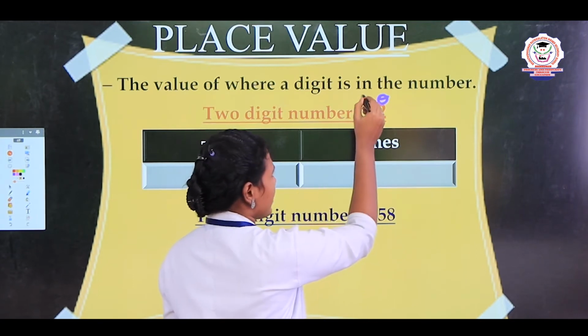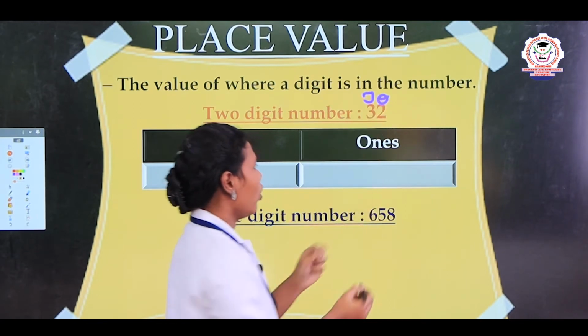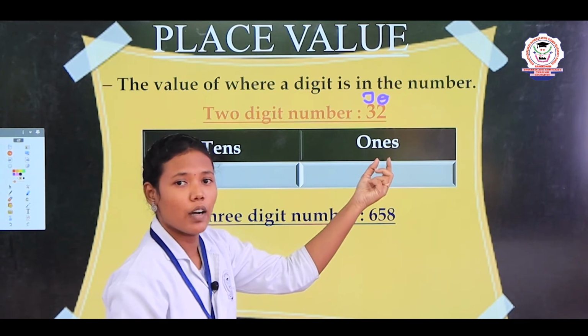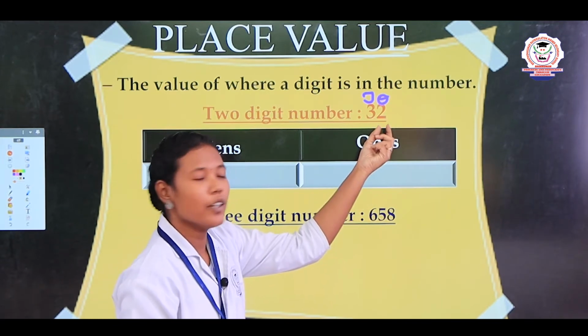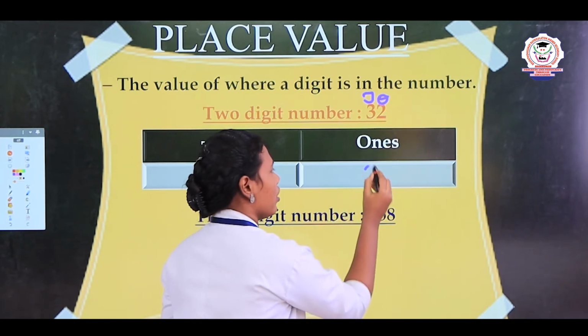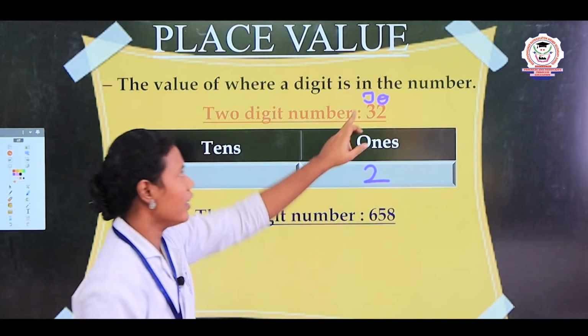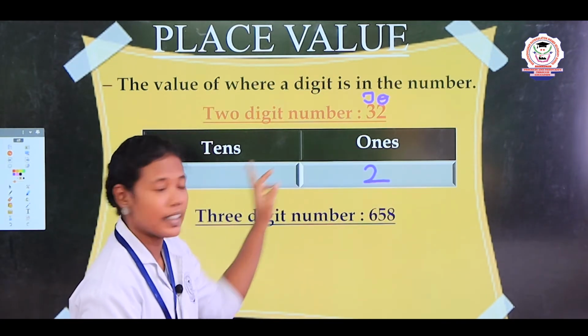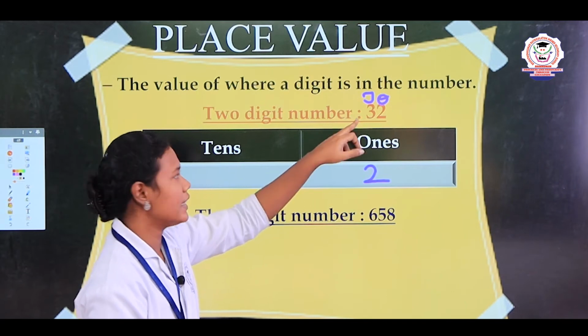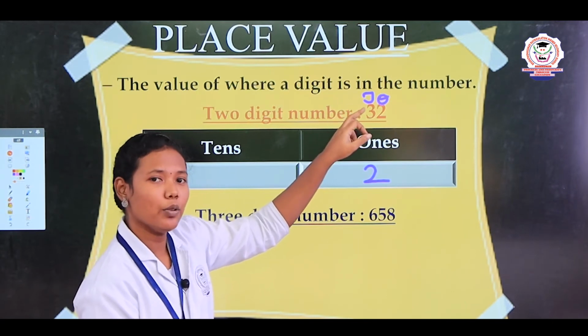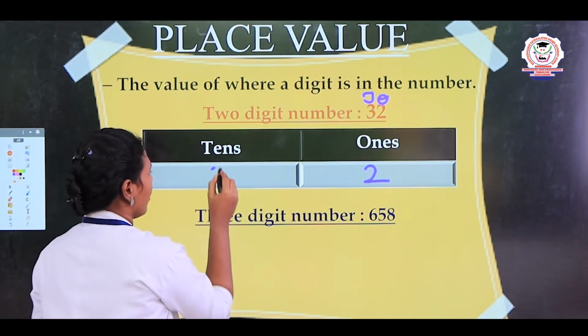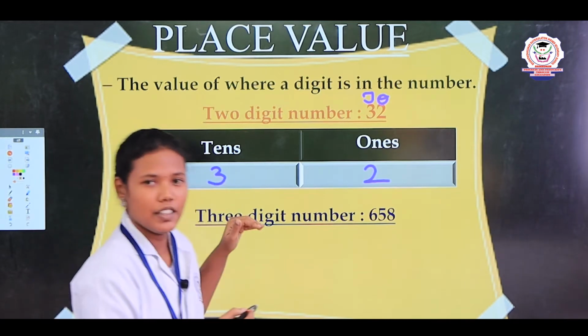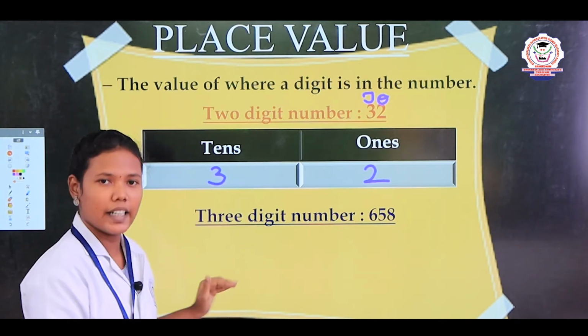We mention it as T. What is the number in the ones place? 2. Very good. And tens, we shortly write it as T, so 3 is in the tens place, with value 10. Very good.